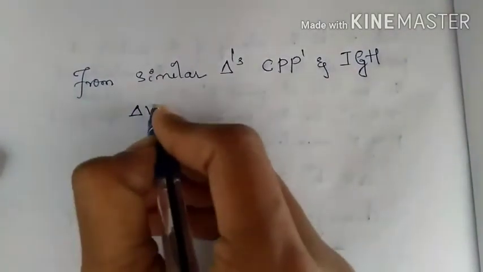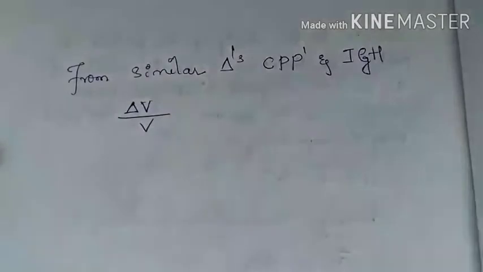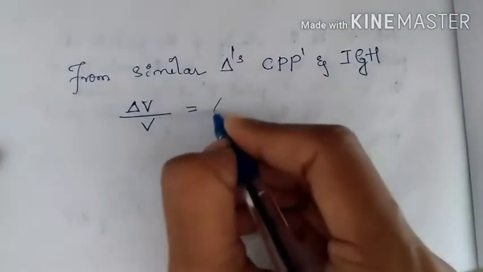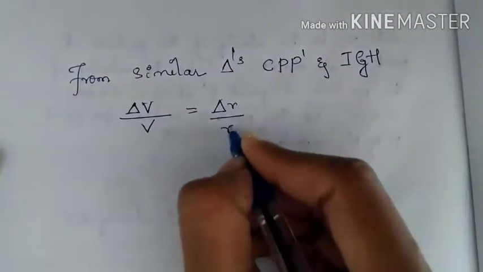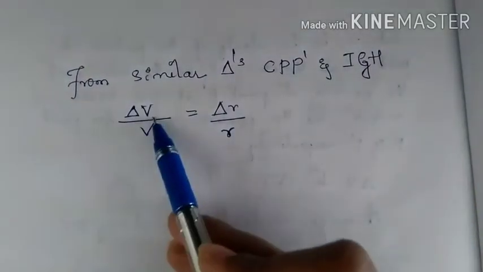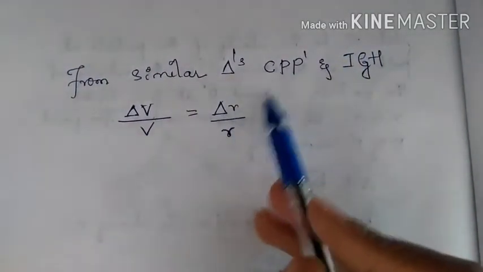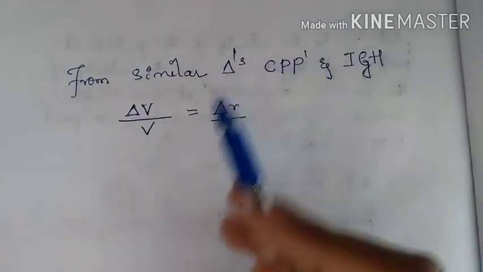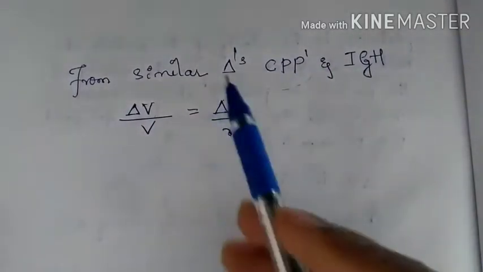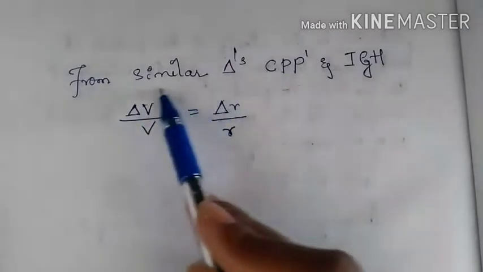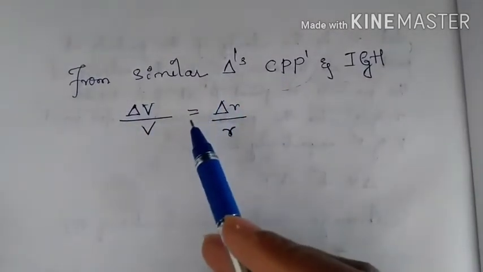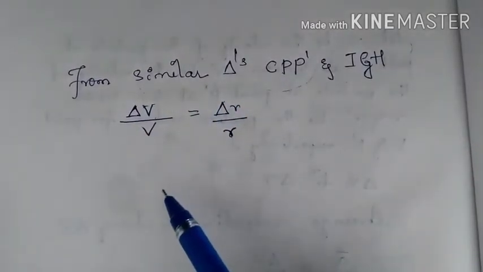So I can write delta V by V is equal to delta R by R. So delta V by V is from the triangle IGH and delta R by R is from the triangle CPP prime. And if two triangles are similar, then base length to side length will be the same.